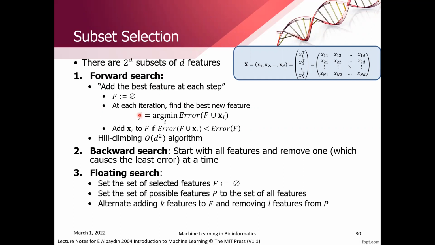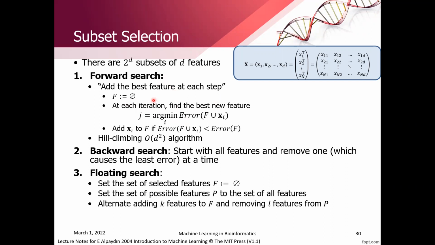Our goal is to select a subset of the columns, a subset of the features, to represent the data. For d features, we have 2 to the dth power possible subsets, and our goal is to select some of such subsets.